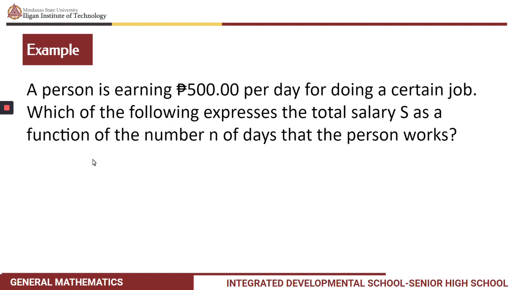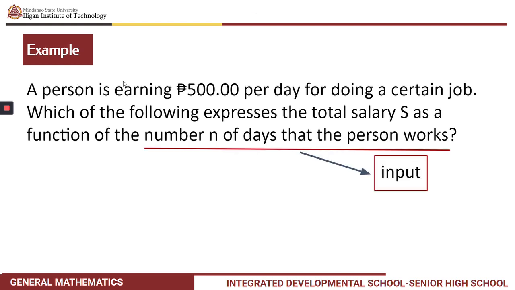When you try to model a particular situation, you need to identify the input or the independent variable first, and also the dependent variable or the output. So in this case, what do you think is the input? Yes, it is the number of days that the person works. And the output, of course, is the total salary that the person will be getting.